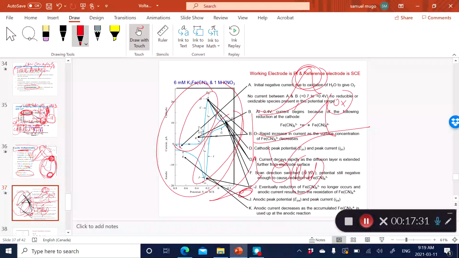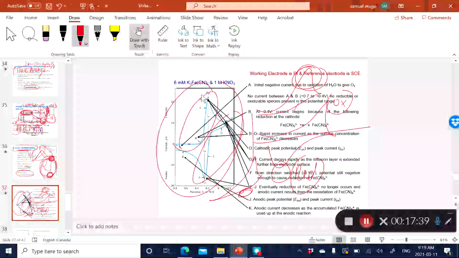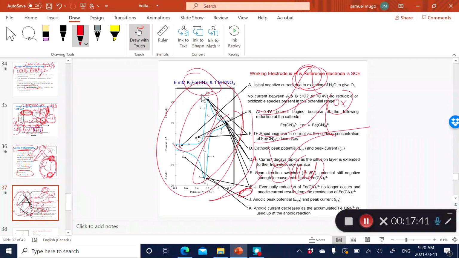So you're going to see one type of analyte out there that is actually used to characterize electrodes, to check how nicely they are doing the electron transfer, and this is called ferricyanide.